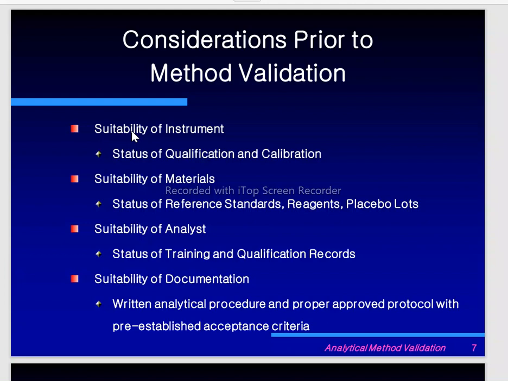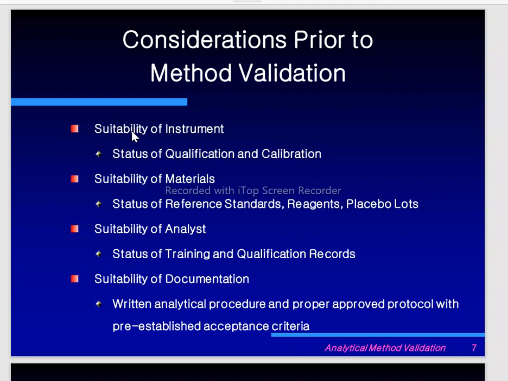Suitability of analyst. The analyst who performs the validation, first ensure that the analyst has the analyst qualification record and training record about the instrument, software and the technique for which he is going to validate the method. Suitability of document: a written analytical procedure and a prior approved protocol with pre-established acceptance criteria. It means that when you are going to start the method validation, the suitability of document must be ensured prior to starting the validation.